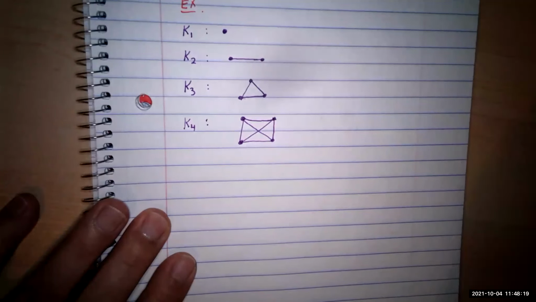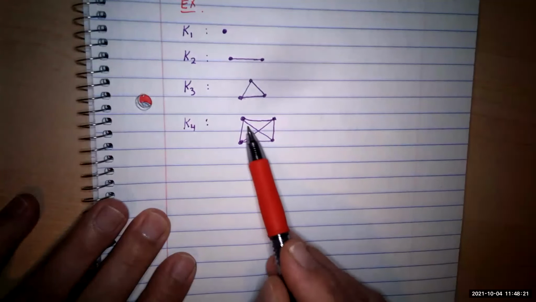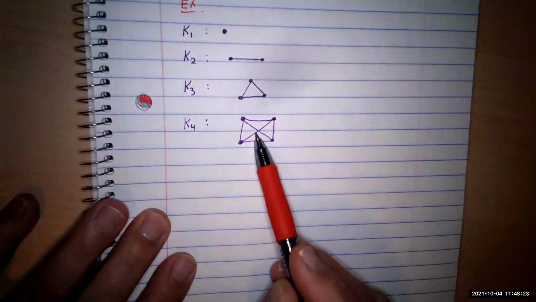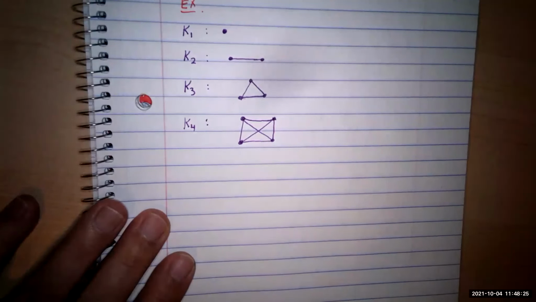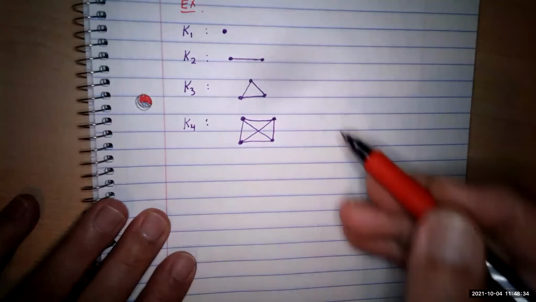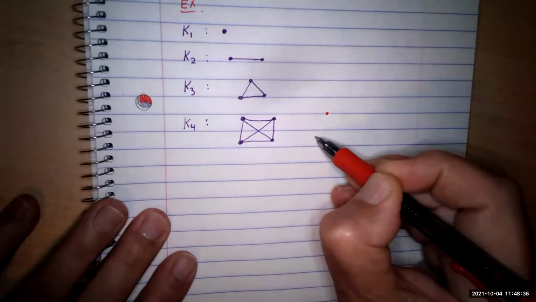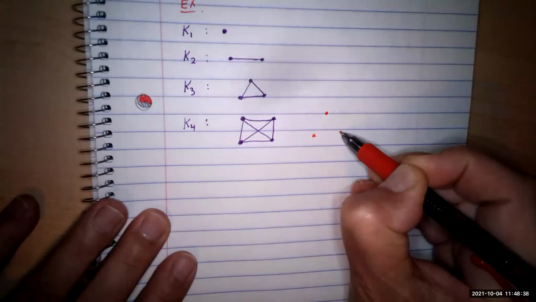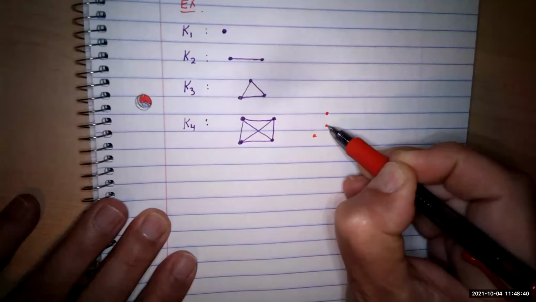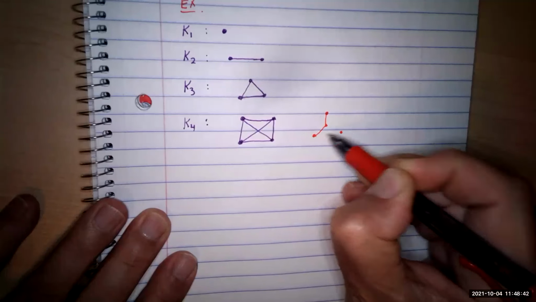But in graph theory, they don't like to have an intersection here where there is no vertex. If you can redraw it so that you remove this condition, it's called a planar graph, which we are not going to cover. The best one is this one. If you want a planar one, you see 1, 2, 3.